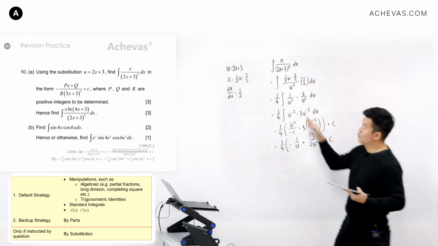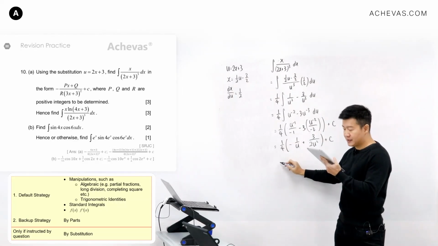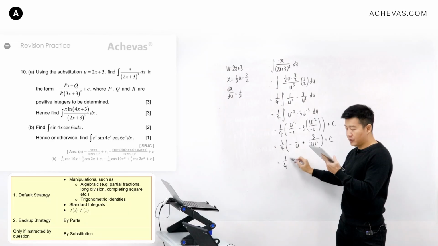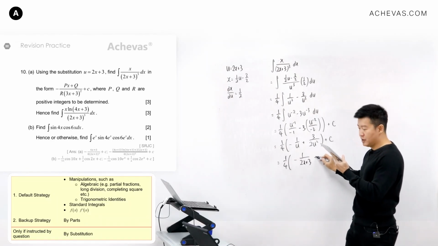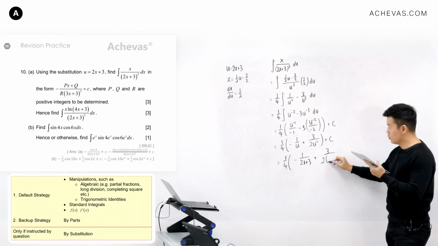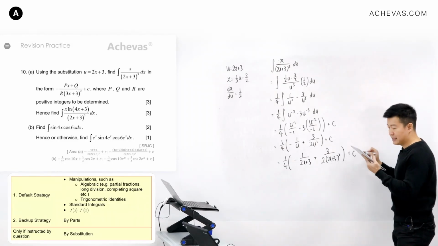Let's not forget to replace u with the expression for x. So my final answer is equal to 1 over 4 times minus 1 over (2x plus 3) plus 3 over 2(2x plus 3) squared, then plus c.